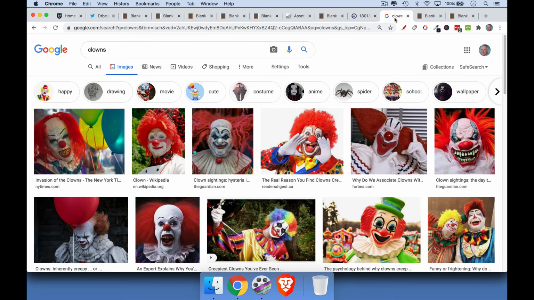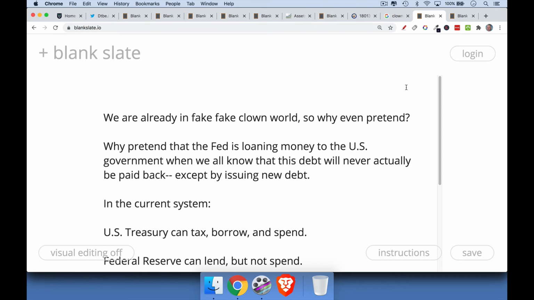Now, everyone knows there's never a free lunch in the world. But if you have people from Harvard, if you have people from Princeton saying these things are good, a lot of people believe them, especially if you use fancy terms like MMT or modern monetary theory. It gives the illusion that you're talking about something that's real, but it really is clown world in my opinion. So what MMT says is, why go through this whole charade?